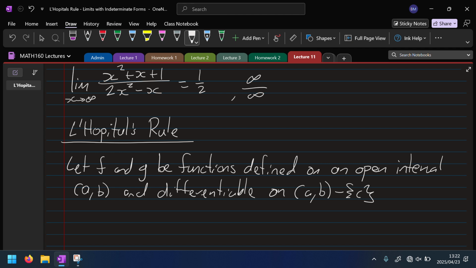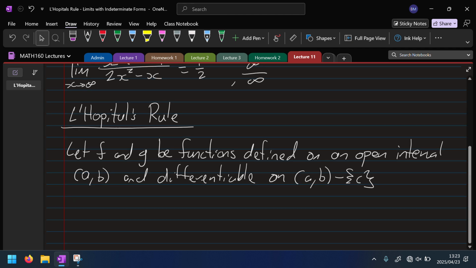So from a to b, these two functions need to be differentiable, but at some point c on the interval, it might not be. So we remove that point out, and then it must be differentiable. That's the setup. We need that to be true.